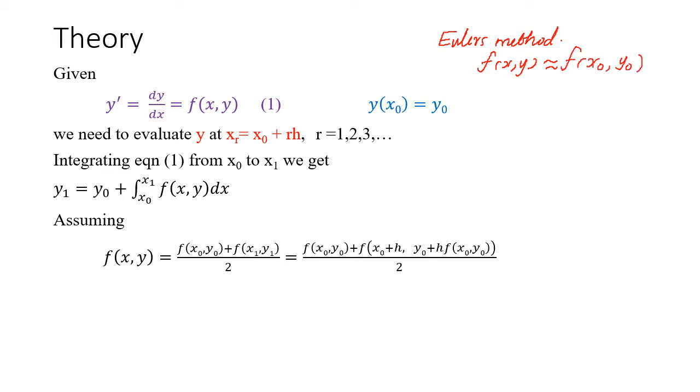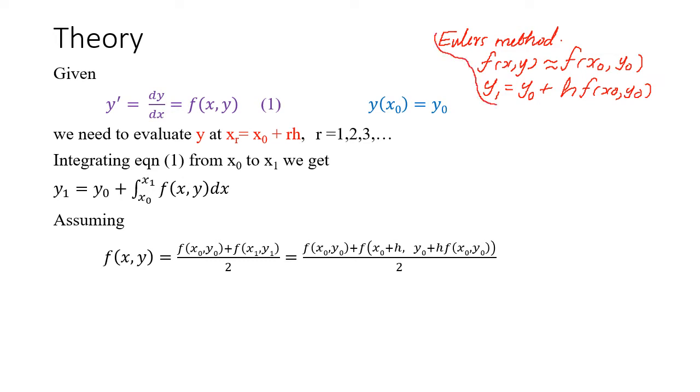Since f of x y is known explicitly, we can evaluate the function f of x0 y0 and just replace f of x y with f of x0 y0, and then we obtained y1 equals y0 plus h into f of x0 y0. So this was our Euler's method.